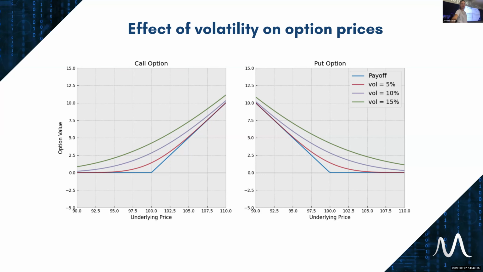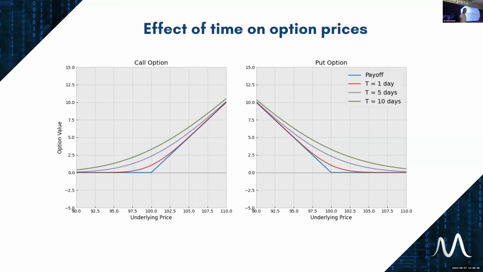So yeah. A very similar diagram, but now we have the effect of time on option prices. So often you can think of having more volatility as being the same as having more time, because with more time, there's more time to experience the volatility. So if we see the payoffs with 1 day, 5 days, or 10 days expiry, the 1 day option has very little extrinsic value, because in 1 day you're not going to expect much movement, so you likely just settle at whatever the payoff is.